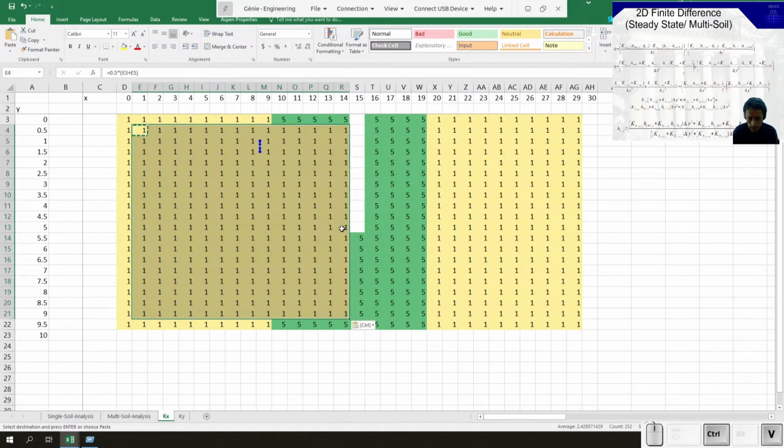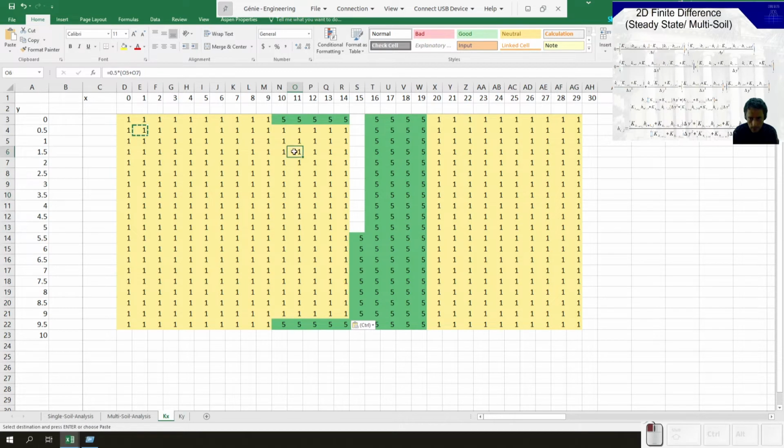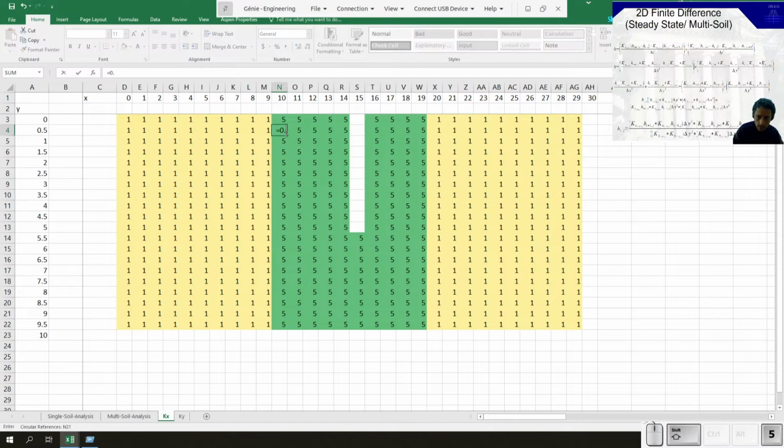Did I not paste properly? Okay. It should still stay at that value, right? 0.5 times 5 plus 5. I don't understand why I'm getting 0.